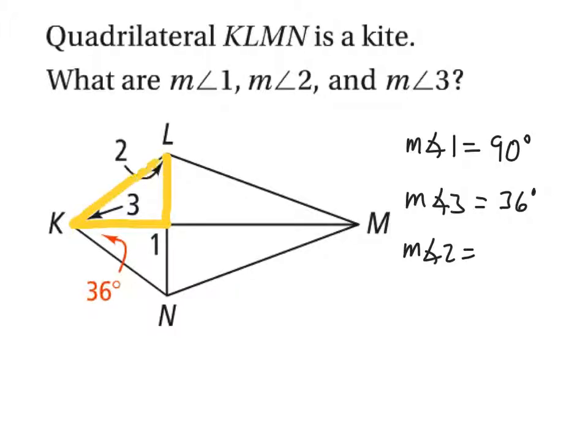There are other ways of finding angle 2, but again, this is probably the quickest and easiest. Looking at that small triangle, we know we have a 90-degree angle there and a 36-degree angle there. That means angle 2 must measure what? 54 degrees. Very good. Any questions? No. Okay.